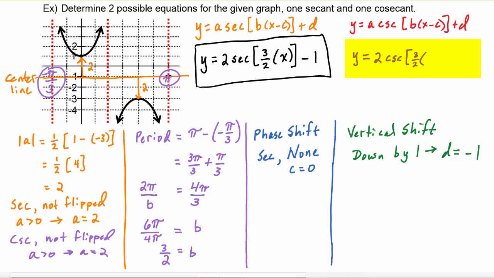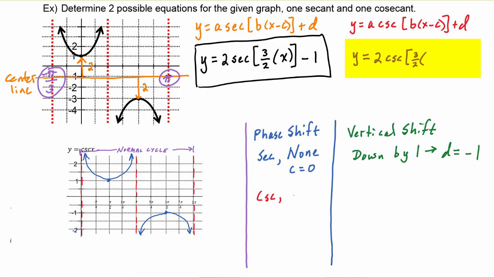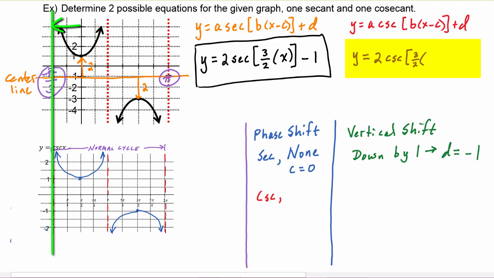The phase shift we need to look at for cosecant. Let's look at the graph of the unaltered cosecant function. Now, looking at the y-axis of the unaltered cosecant function, we see that what we expect to be there is the first vertical asymptote. And instead, on our graph, that first vertical asymptote shifted to the left by pi/3.